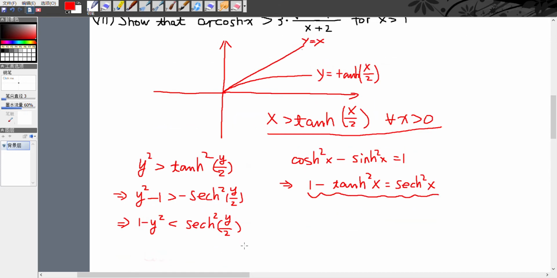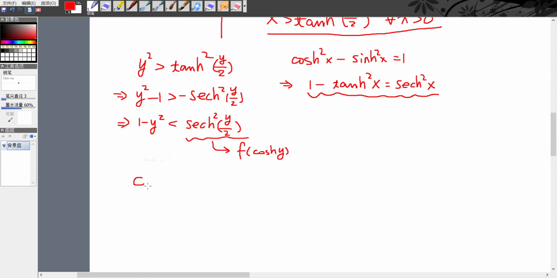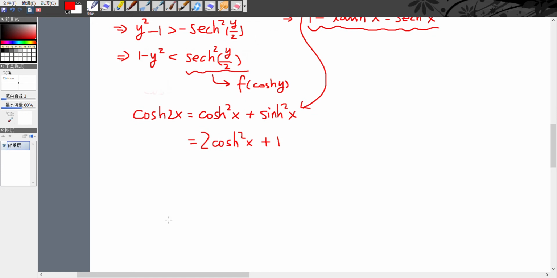Obviously we find that this term is very hard to handle. If we want to somehow convert this into the form of cosh y, the first thing we need to do, I think, is to apply the hyperbolic double angle formula. cosh 2x is equal to 2 cosh squared x minus 1.